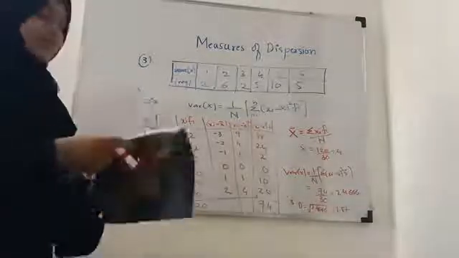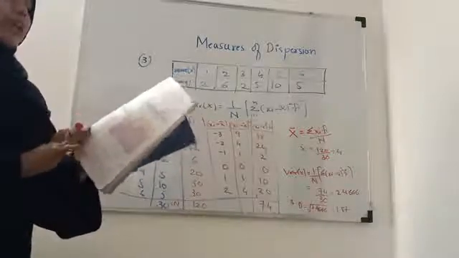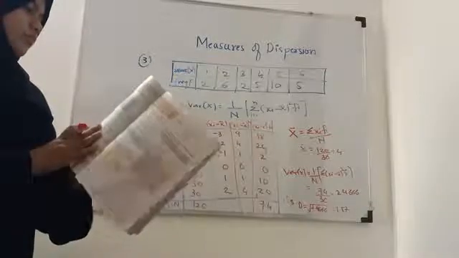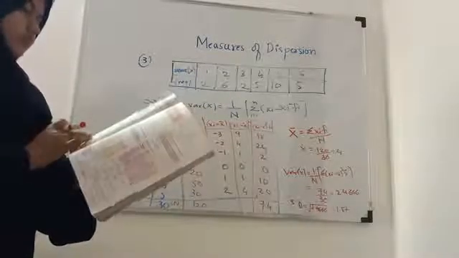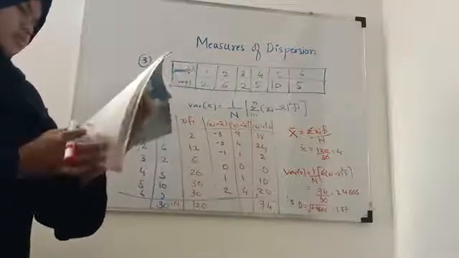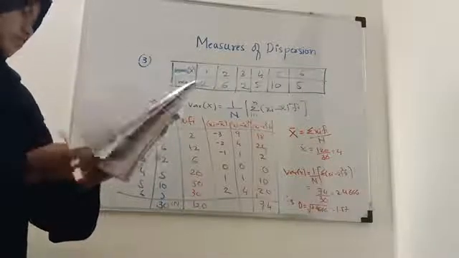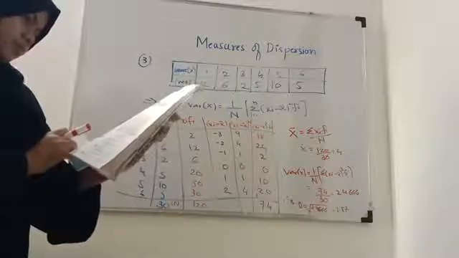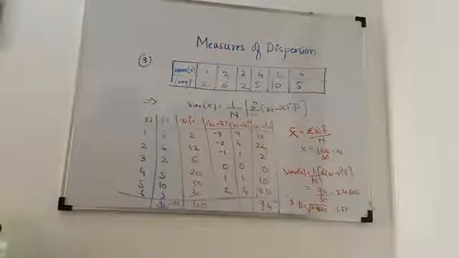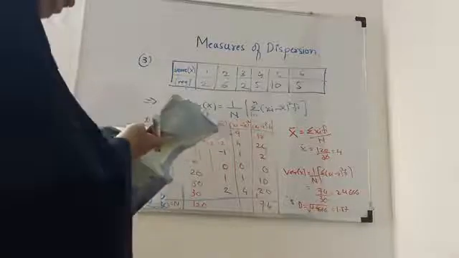the ungrouped frequency distribution. Now we will take another type of data, that is a class frequency distribution. So we'll do problem number 5, which is given on page number 183.